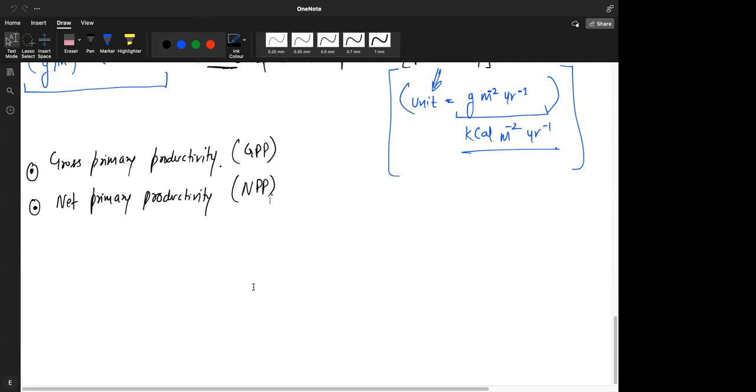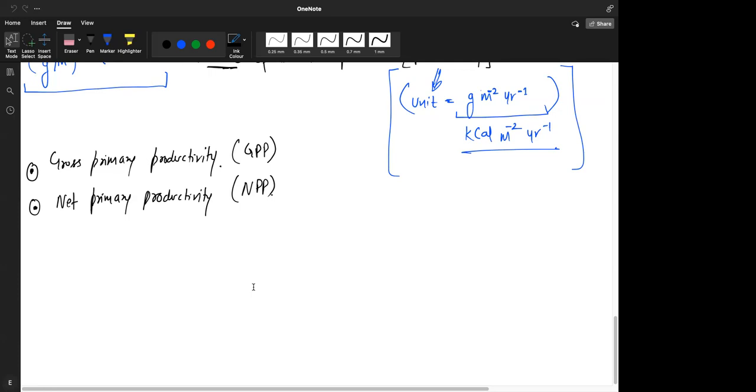You can also write biomass, of organic matter or biomass, through the process of photosynthesis.